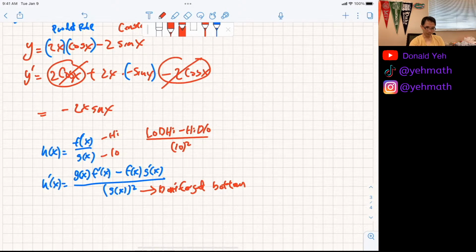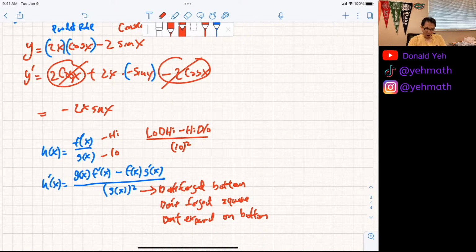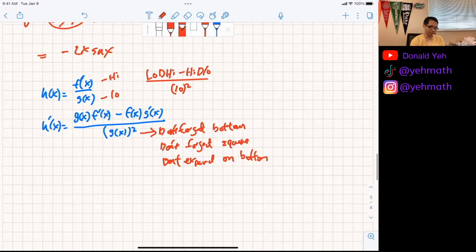Don't forget the square. Some people forget the square. And don't expand the bottom. So now I want you to try to take the derivative of this.